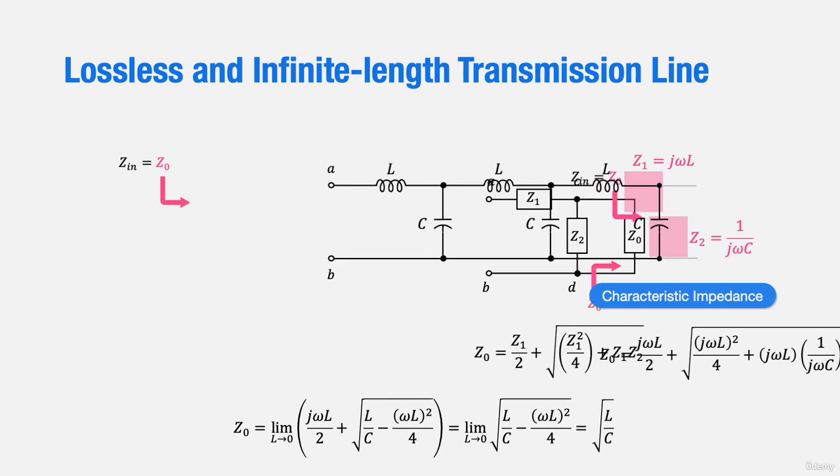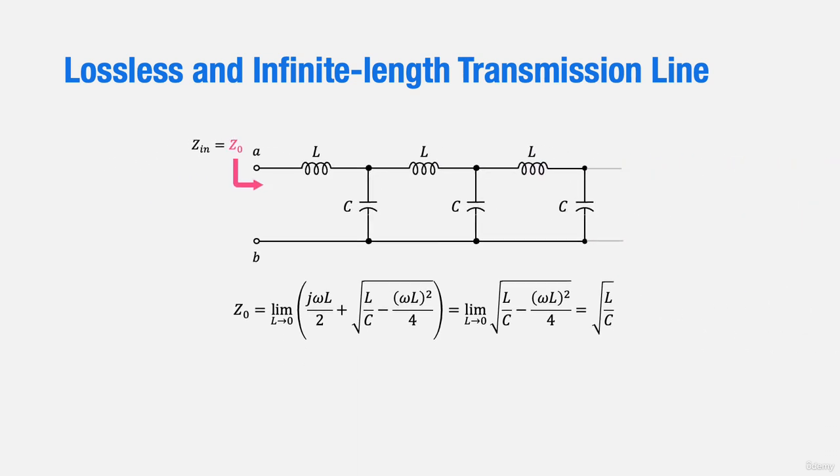Assuming that the inductance L is sufficiently small, we can disregard the j omega L over 2 term in the middle equation, leading us to obtain the next simplified expression.